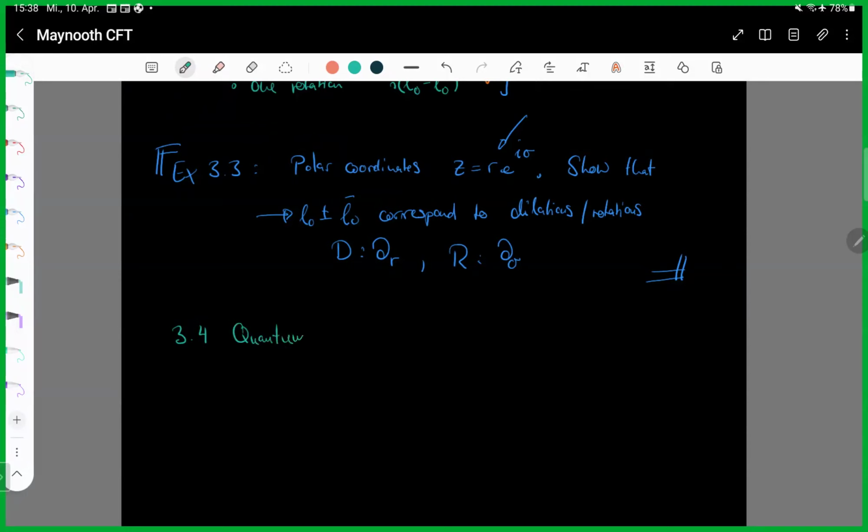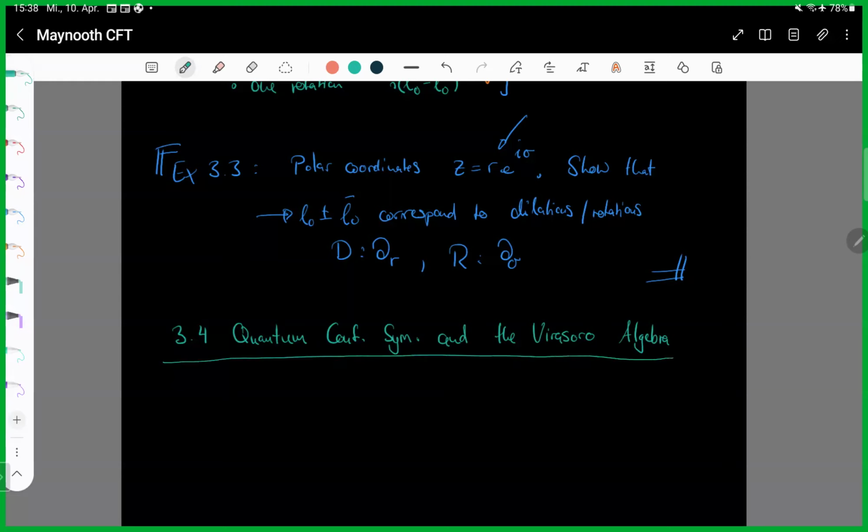So the next point on the menu is quantum conformal symmetry. We discussed classical conformal symmetry, and now let's discuss quantum conformal symmetry a bit. Unfortunately, I won't have the time to derive it for you, but in the notes, I spent an entire section deriving, in particular, the Virasoro algebra.